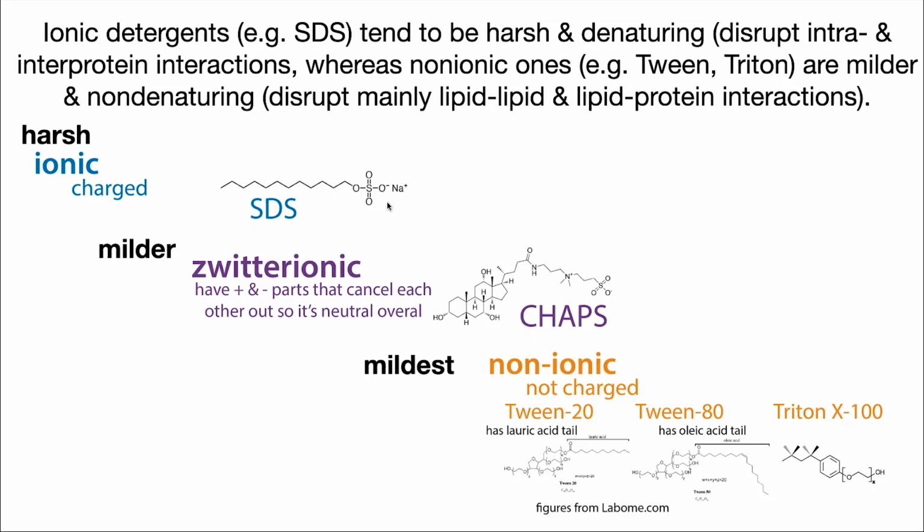Also note that the bulkier the head group and the longer the tail, the more mild it probably is. It's going to be harder for it to just go into proteins and disrupt them. And when you have something that's ionic, it's going to be able to disrupt more things than if you have something that's non-ionic.